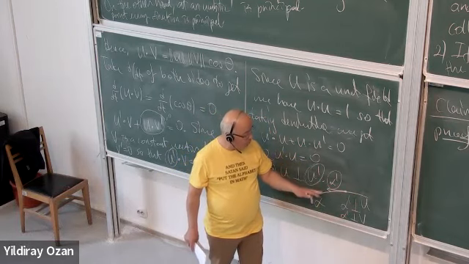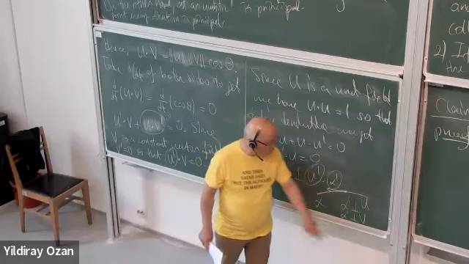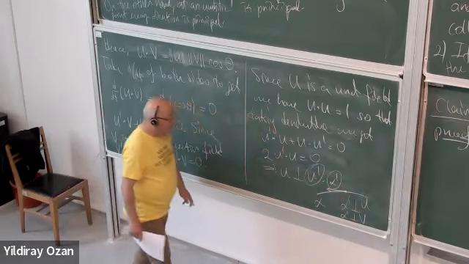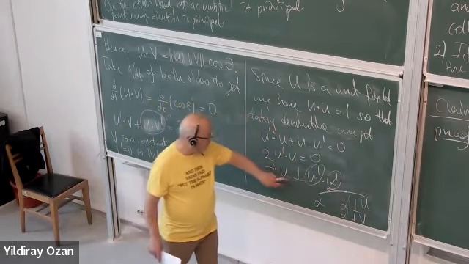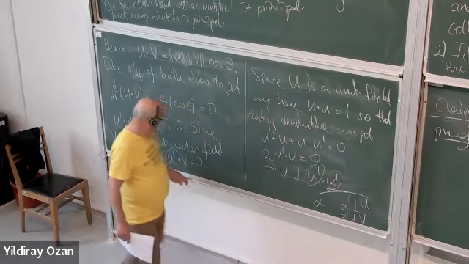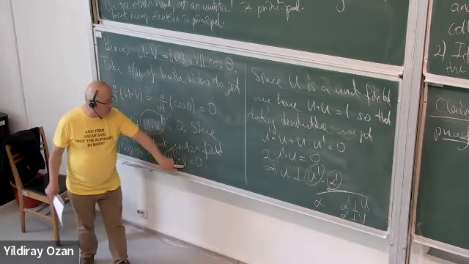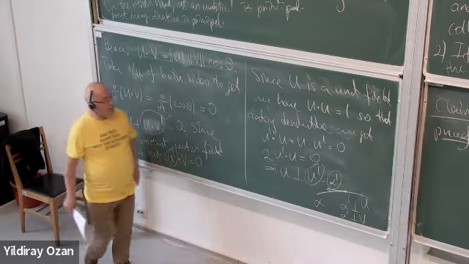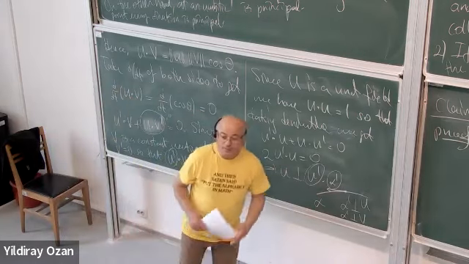Therefore, it is perpendicular to both normal vectors of the surface and the plane. But on the other hand, U prime is perpendicular to U, and U prime is perpendicular to V. Therefore, this U prime should be parallel to alpha prime. Okay?